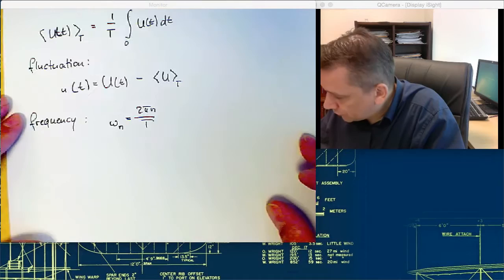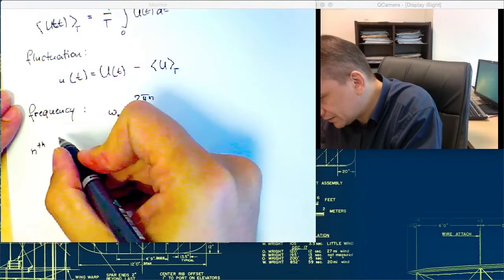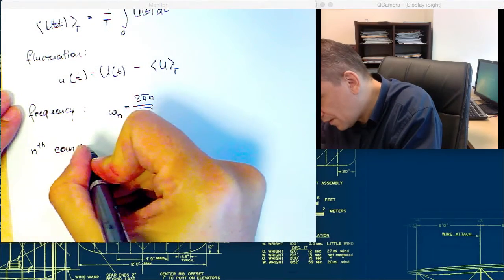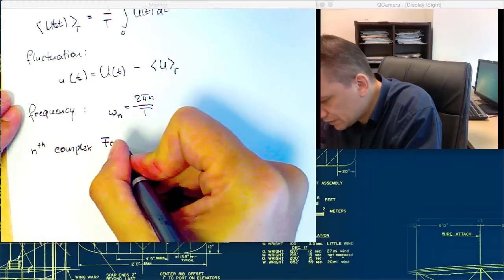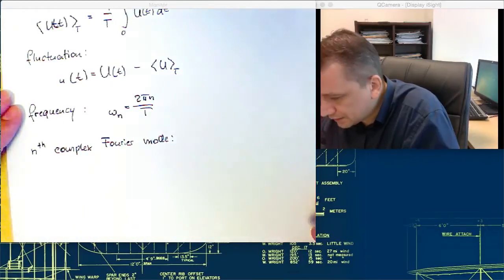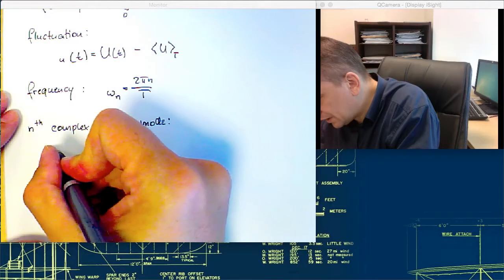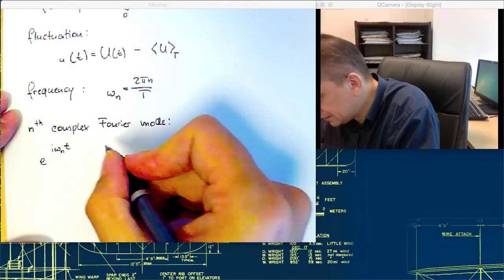And the Fourier mode that corresponds to that is the nth complex Fourier mode, e to the power i omega n t.